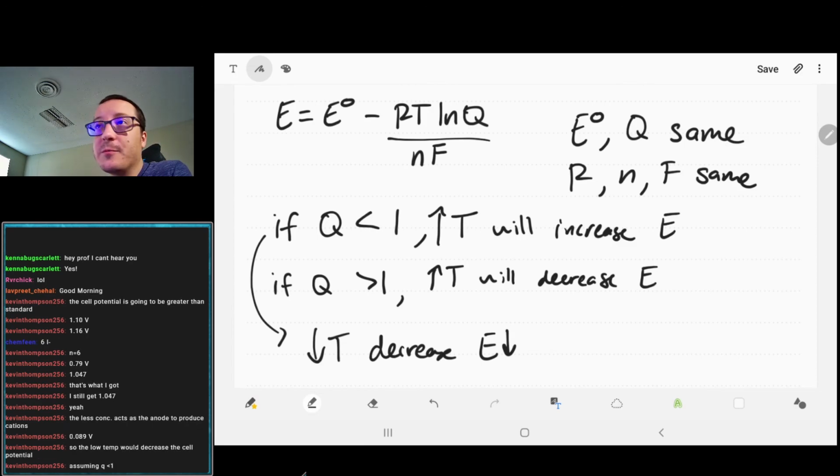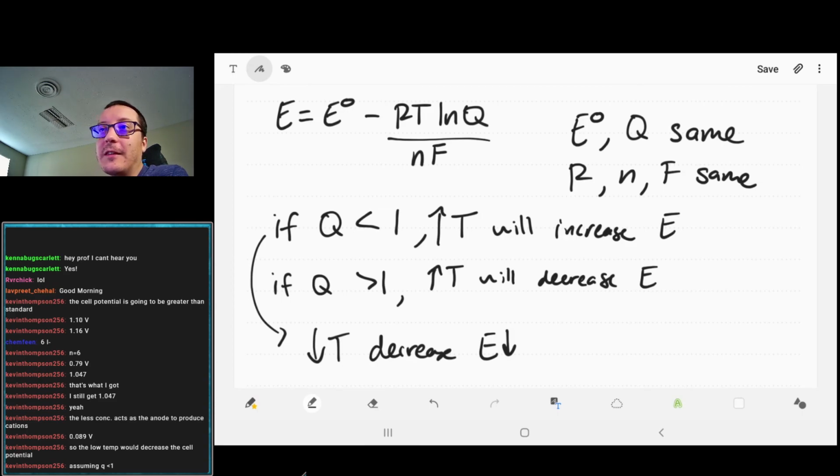Most batteries should be less than 1, right? So we typically want a high concentration of reactants and low concentration of products in our cells. So your lower temperature will decrease your potential.